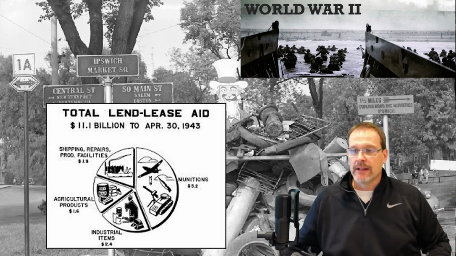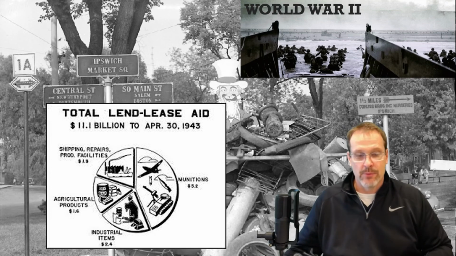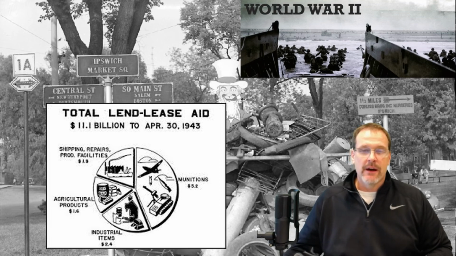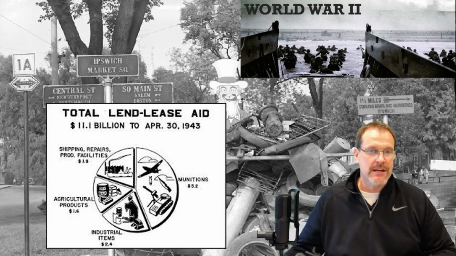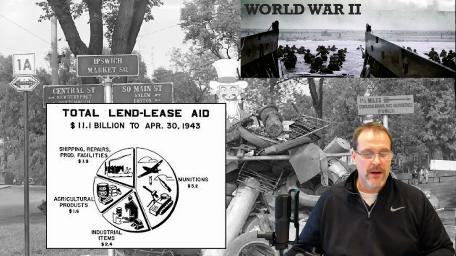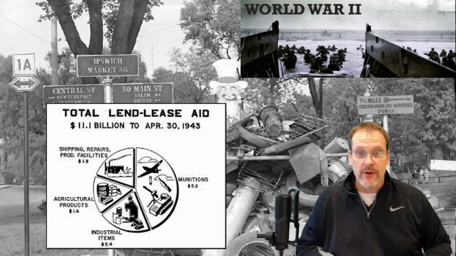Okay, lend-lease was, hey, we are now going to be involved in the war. There is no choice other than to lend or lease. Remember, the British didn't have a lot of cash on hand. They were spending a lot of money for that war, and the last thing we wanted to do was keep the necessary supplies out of their reach.